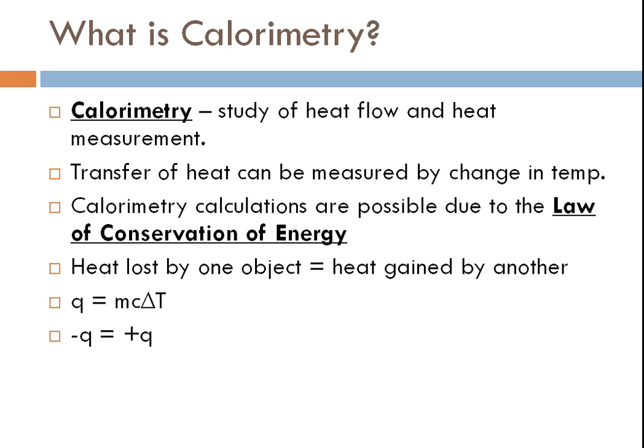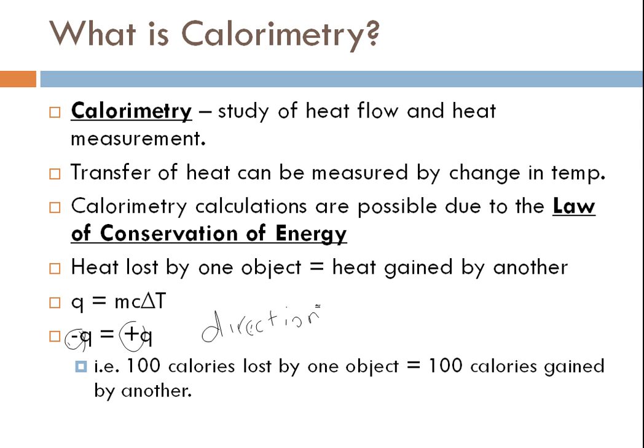Because what we're doing here is that this negative sign and this positive sign indicate direction. It indicates which way the heat is flowing. So for example, if you have 100 calories lost by one object, that must mean that those 100 calories are gained by another object.